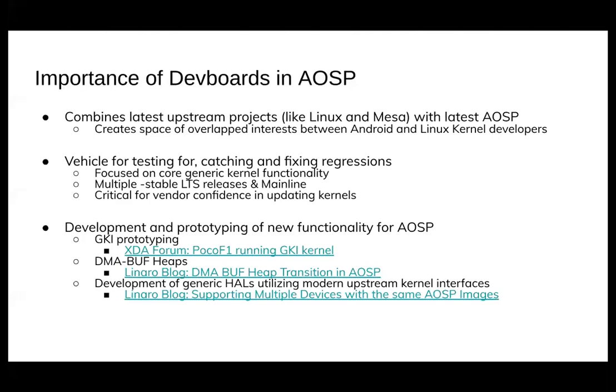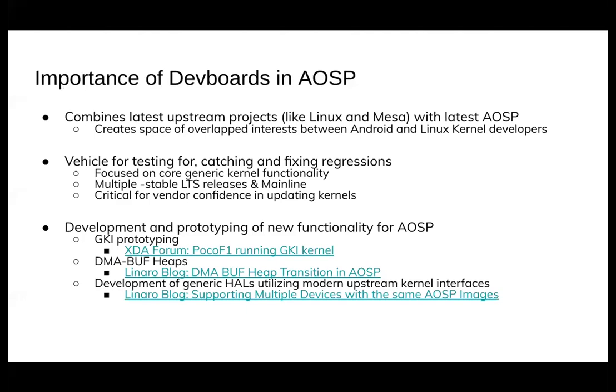It also helps us develop and prototype the latest AOSP features and technologies. I've listed down a few examples of what we have done with that. For example, this GKI prototyping. While GKI was still a work in progress, we were actively following it on Android Gerrit.